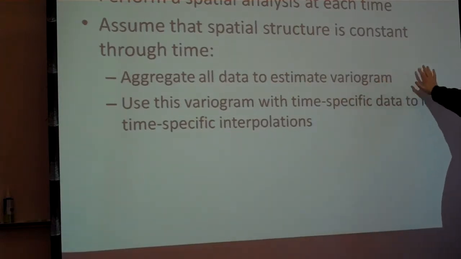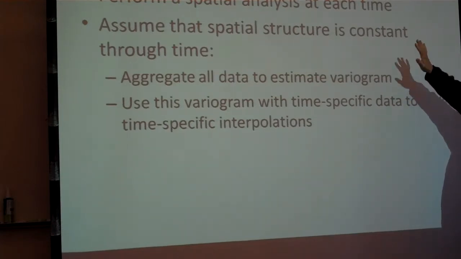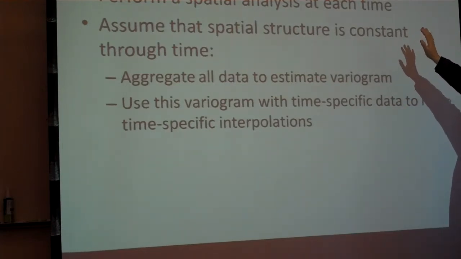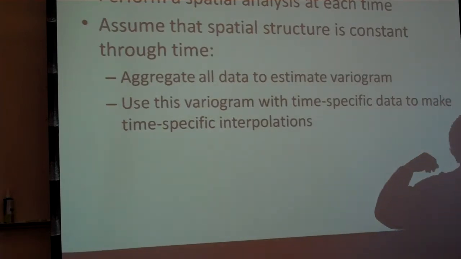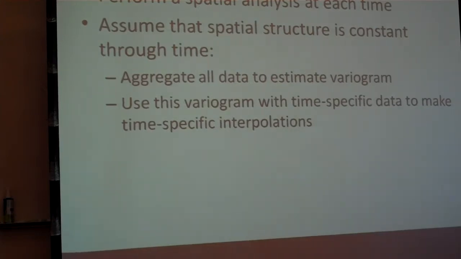A somewhat more sophisticated approach uses all the data. One problem with this is that if we only have a small number of sites, our power to construct a defensible variogram is limited.